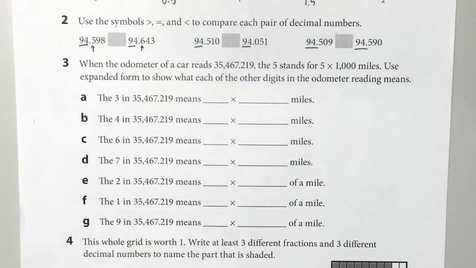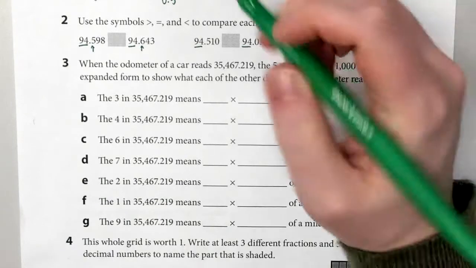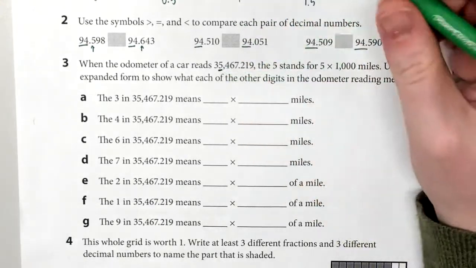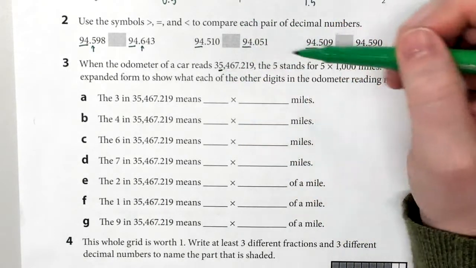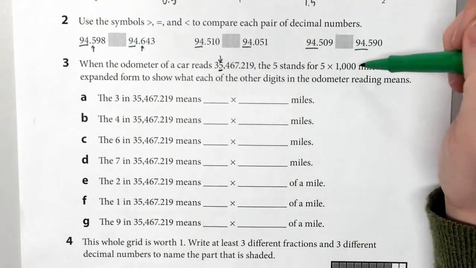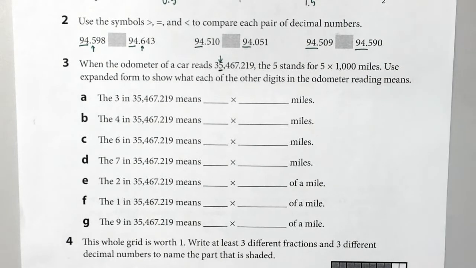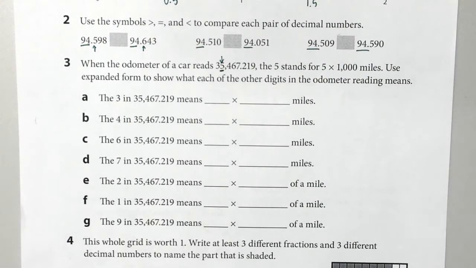When the odometer of a car reads 35,467 and 219 thousandths, the 5 stands for 5 times 1,000 miles, okay, because it's in the thousands place. Use expanded form to show what each of the other digits in the odometer reading means.